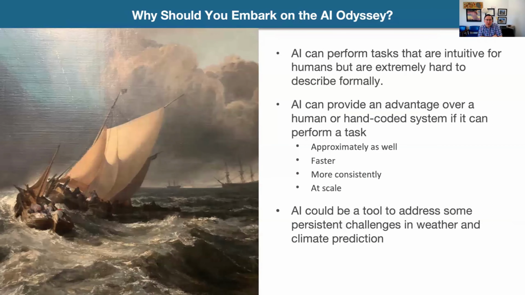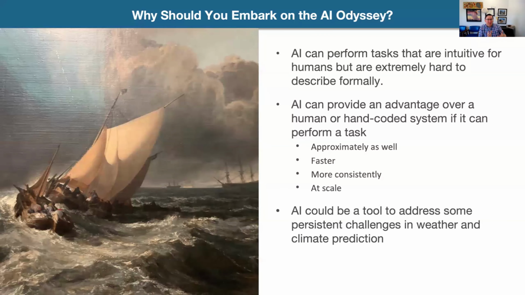To start off, why should you embark on the AI Odyssey? In general, AI models are often used for tasks that are intuitive for humans to do or describe, like "I want to find the sailboat in this image," but are hard to describe formally.